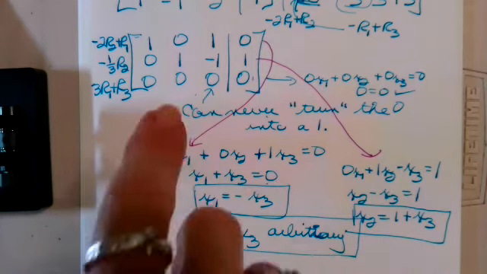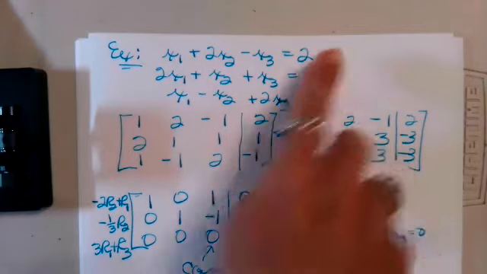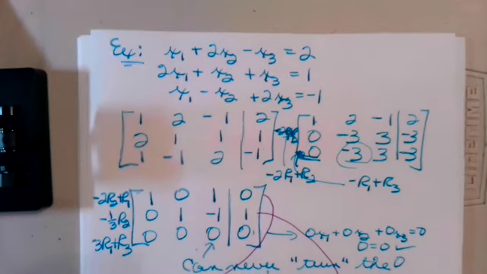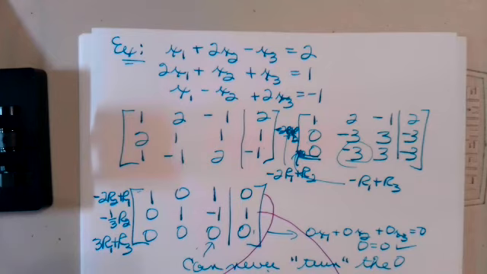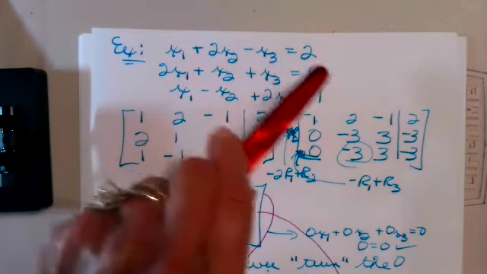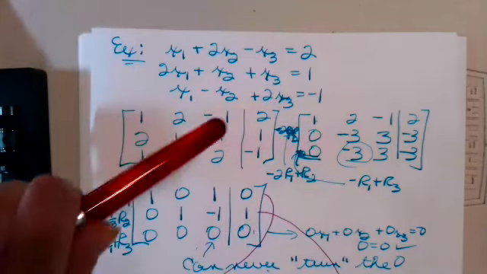But basically, when you look at 3 equations and 3 unknowns, an equation like this is the equation of a plane in space. Just like if you take x plus y equals 10, that's an equation of a line in the plane. A linear equation in 3 variables like this is an equation of a plane in space.